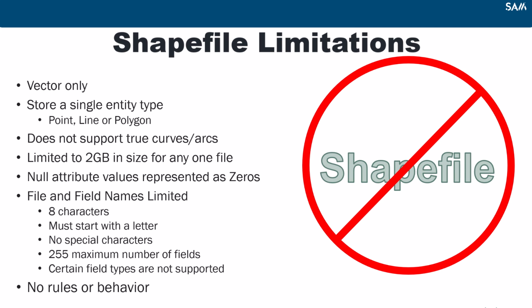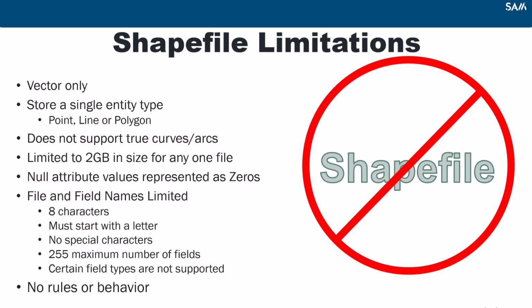There are some other things you need to know as well, such as field types. Certain field types are not supported, such as raster and blobs. Those are not going to be allowed within a shapefile. We also talked about how no rules or behaviors are allowed to be stored in shapefiles. Another thing that I don't think we mentioned, but I wanted to bring up here, is that shapefiles also do not support true curves. So these are things you need to keep in mind.